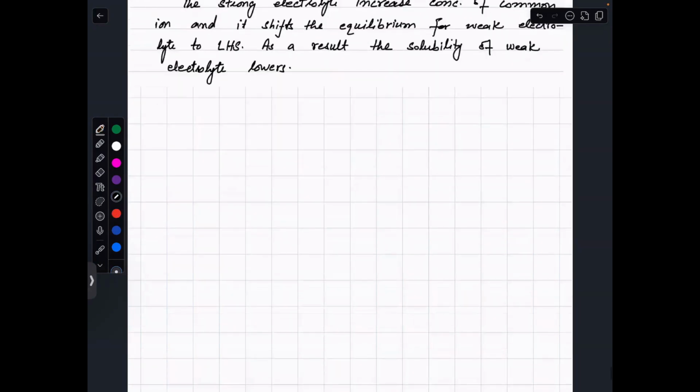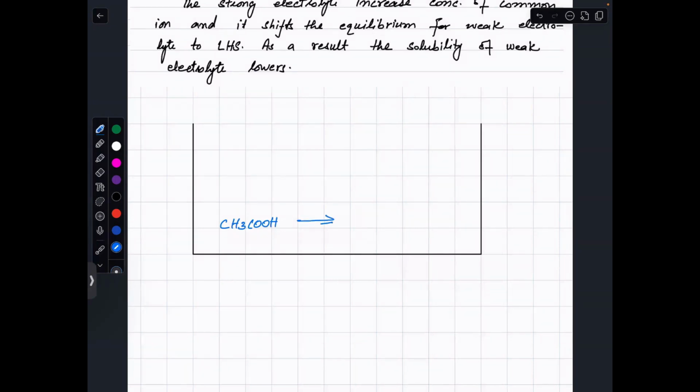See, this is a container. In this container, there is a weak electrolyte, for example, ethanoic acid, which is a weak acid. It will ionize partially.